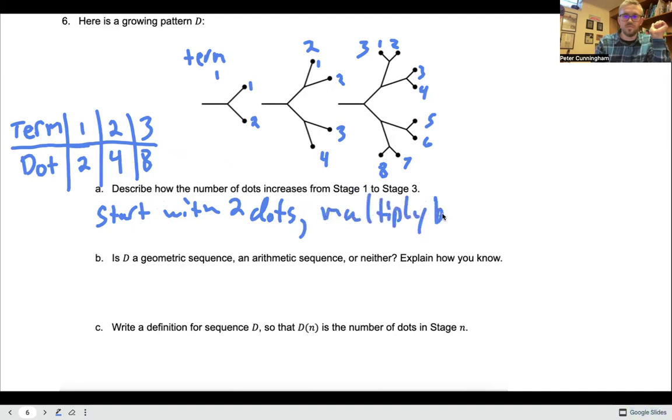Multiply by 2 every time, aka doubling, right? Is it geometric or arithmetic or neither? Well, like we said, we're multiplying by the same thing every time. So it's geometric. Why? Because we're multiplying.